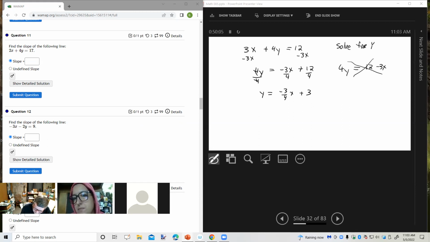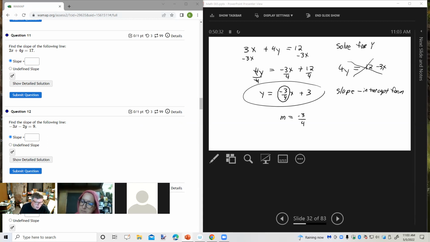Now, this form is called slope intercept form. We're talking about the slope. We haven't talked about the intercept idea yet, and we'll get to that eventually. But when it's written in this form, the coefficient of x is the slope of the line.